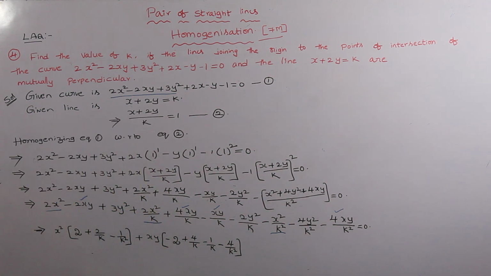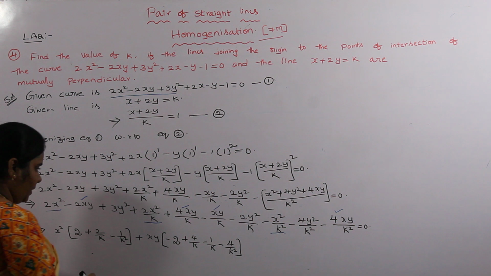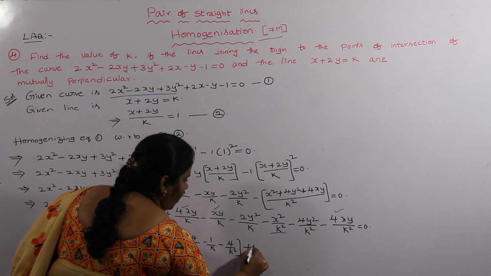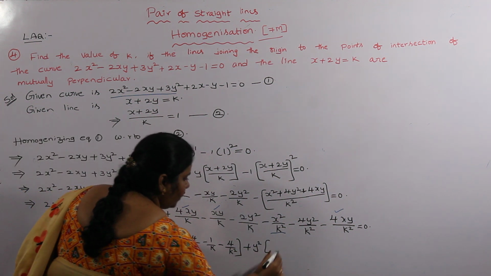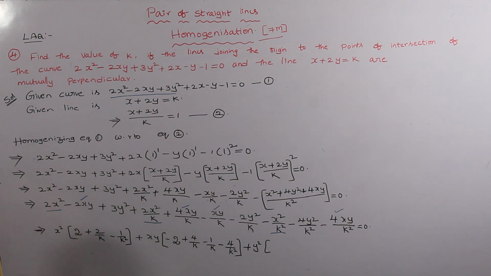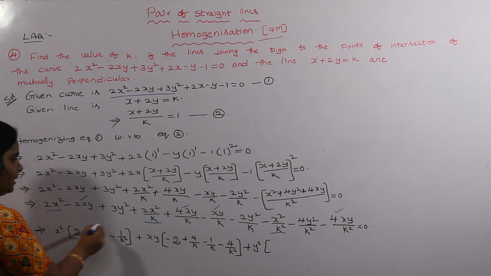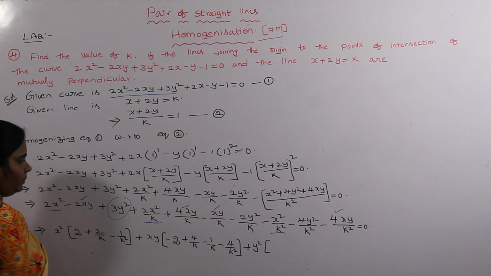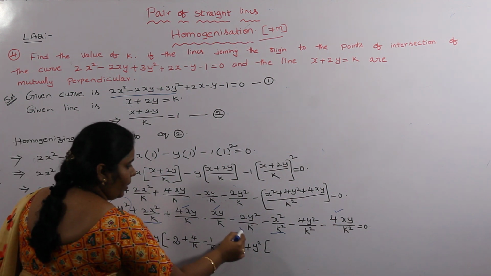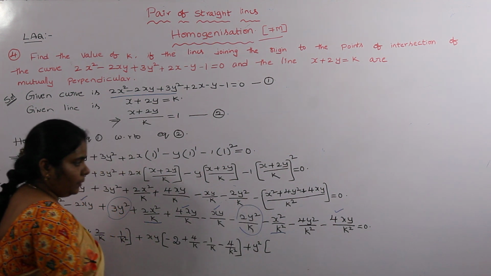Next come to the y² terms. What are the y² terms here? Take y² common and mark the y² terms. This is one y² term, here we have another, and one more.